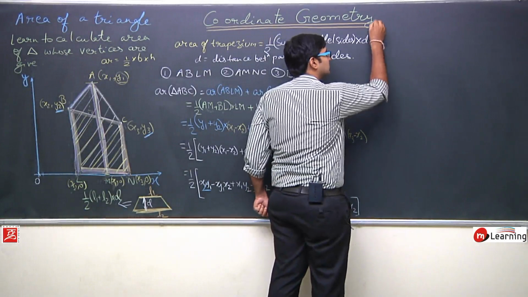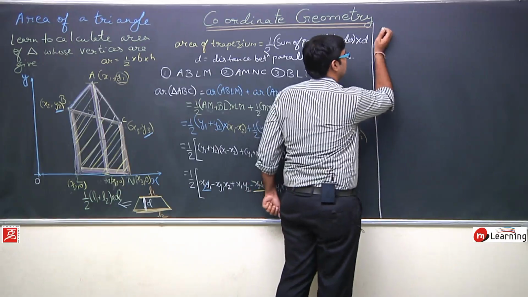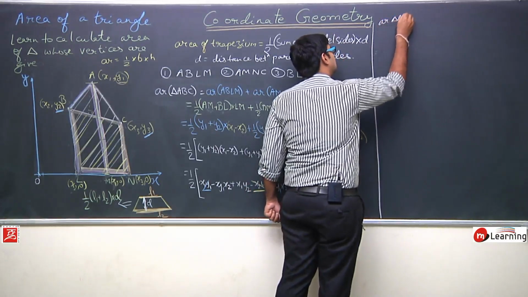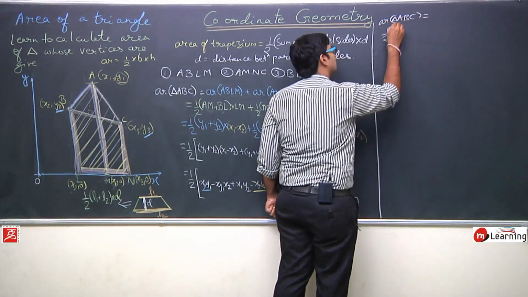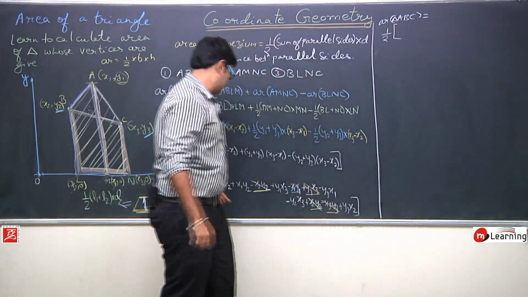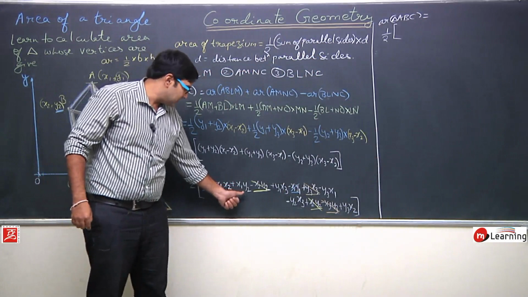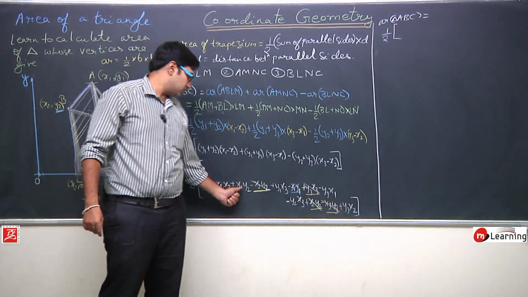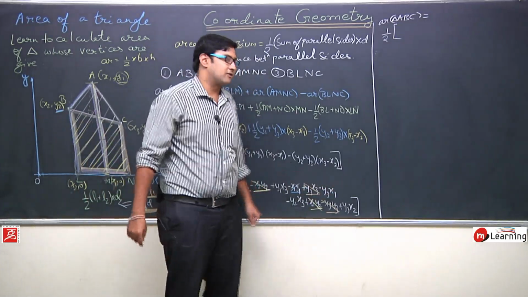then this is equal to area of triangle ABC is equal to half of the bracket, the first term is x1, and let's bring the terms which have a common x element. So this is x1 y2, this is minus y3 x1.